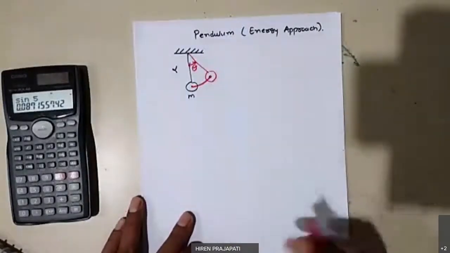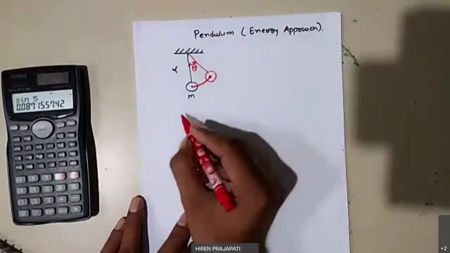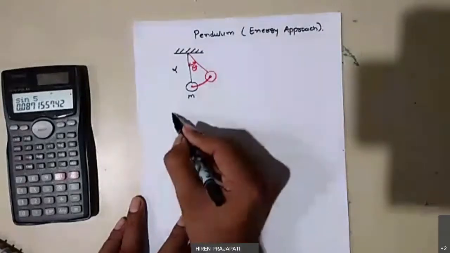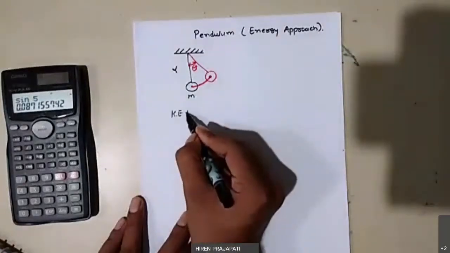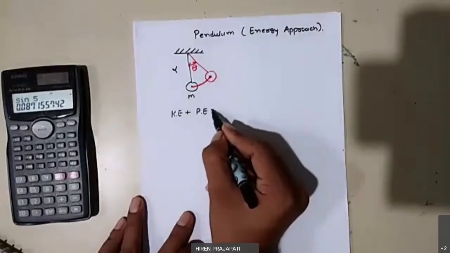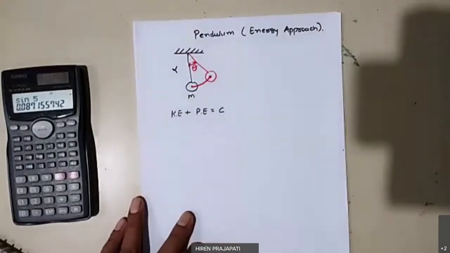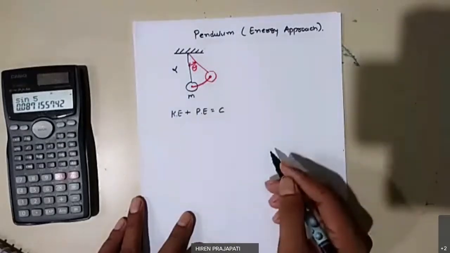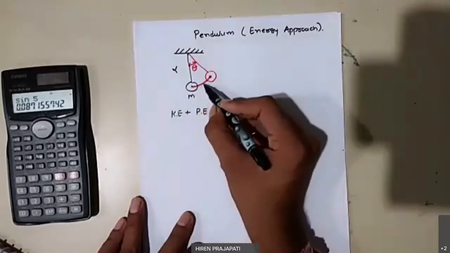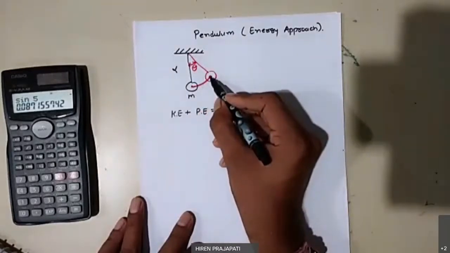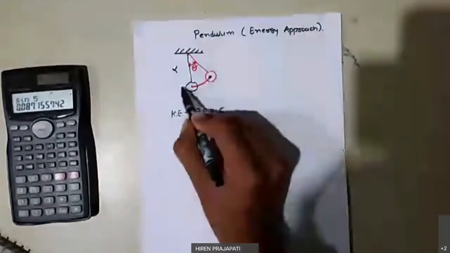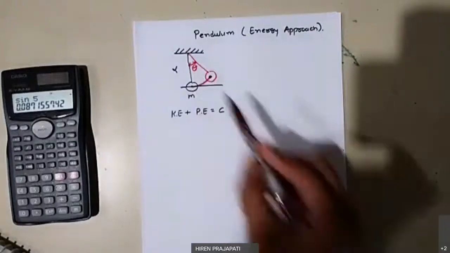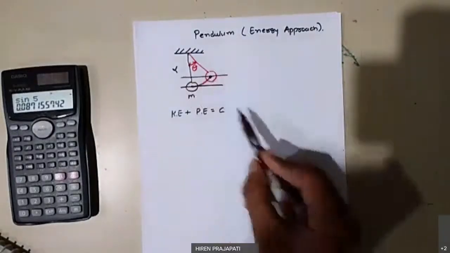Now, if you are talking about the energy approach, then as per the energy approach, the sum of kinetic energy and potential energy is equal to constant, right? So let us write the energy equations. If we have given this theta initial disturbance, then this is the original position and this is the new position, right?